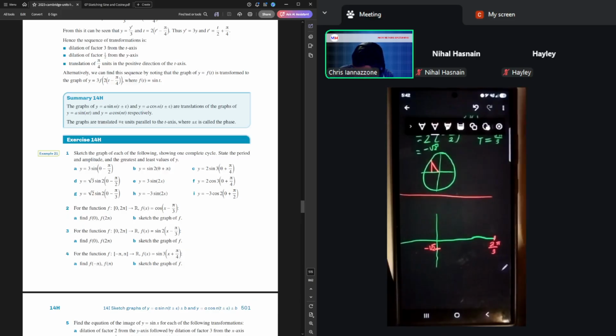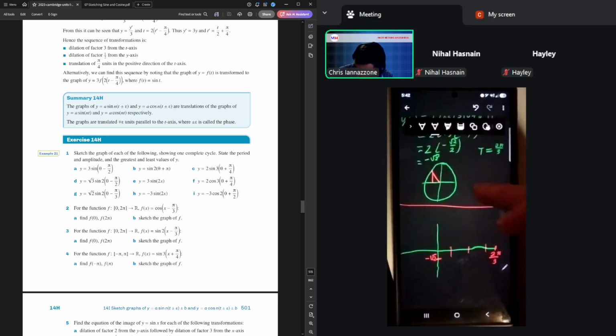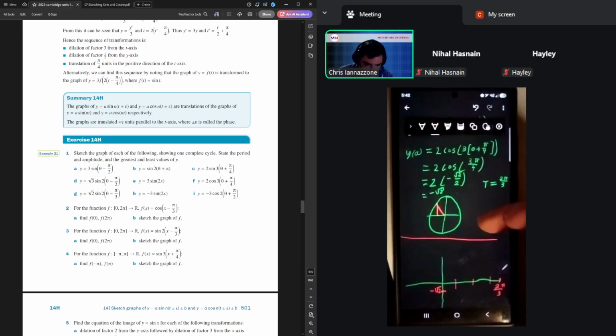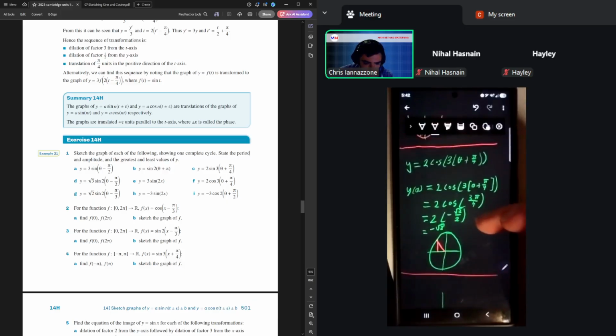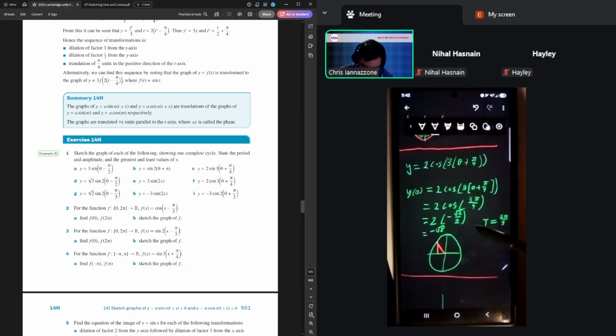The challenge in doing it this way is that you can no longer half and half again to get your spacings out. The reason why is because this is not one of the key features. I mean, it's technically a key feature in that it's a y-intercept, but when I say key features of the circular function, I mean peaks, troughs, mid-levels.